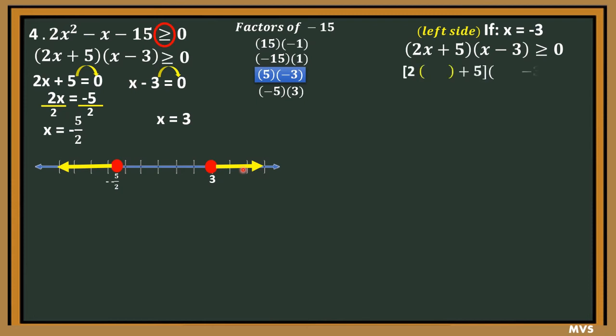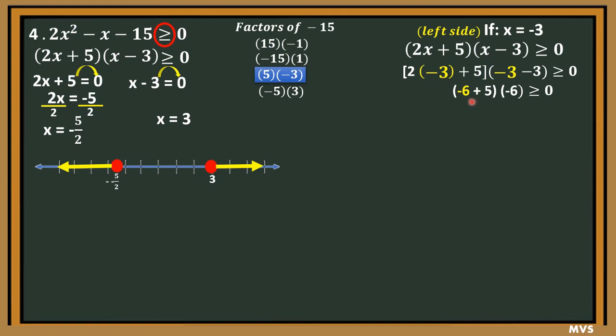By substitution, we will have now, just copy 2, your x is -3. Just copy plus 5, then x is -3. Just copy -3, greater than or equal to 0. And then, let us simplify it. This is negative 6 plus 5, and this is negative 6, greater than or equal to 0.